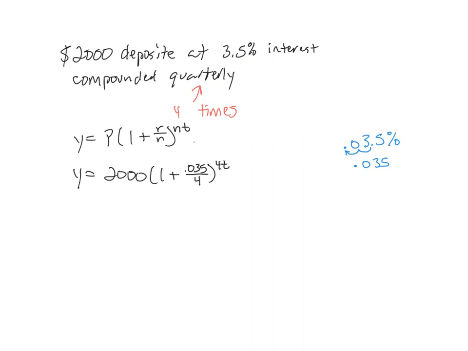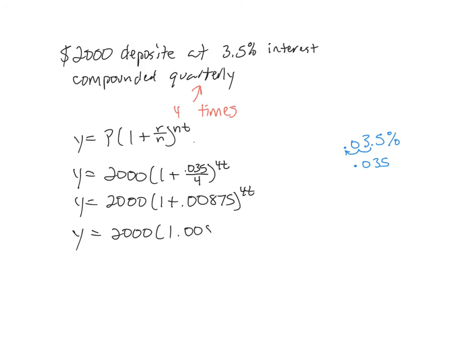So again, your work is just in the parentheses there, 0.035 divided by 4, and we get 0.00875. And then the last part should be simple. You're just doing 1 point, and when you add it together, the adding part is always easier. Okay, and then there's the equation for that situation.